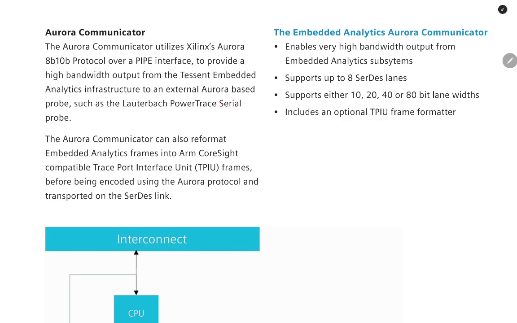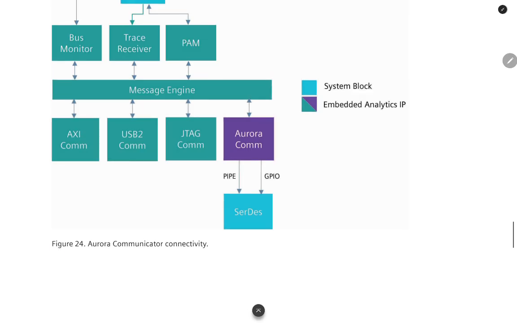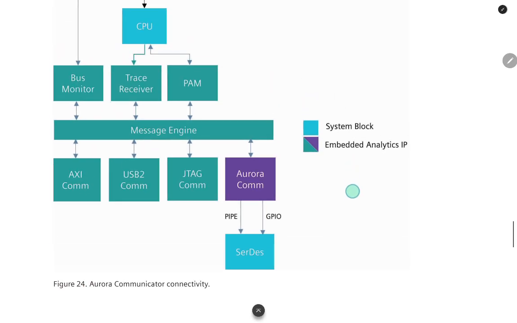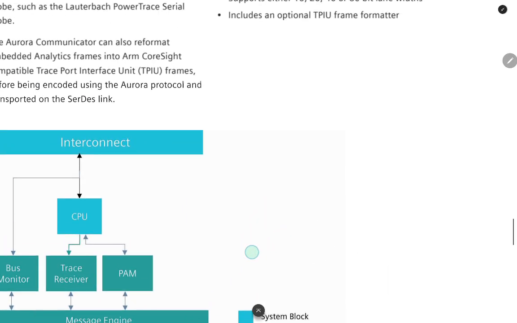The Aurora communicator can also reformat the embedded analytics frames into ARM CoreSight compatible trace port interface unit TPIU frames before being encoded using the Aurora protocol and transported on the SATA link. Figure 24, Aurora communicator connectivity.